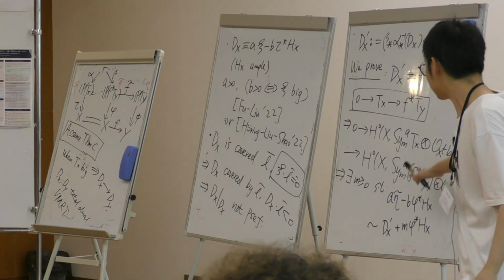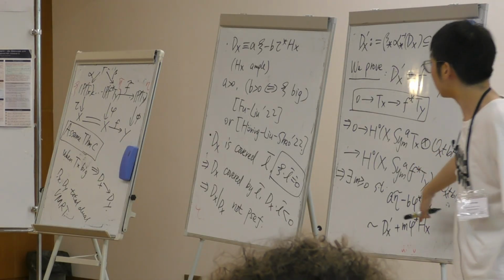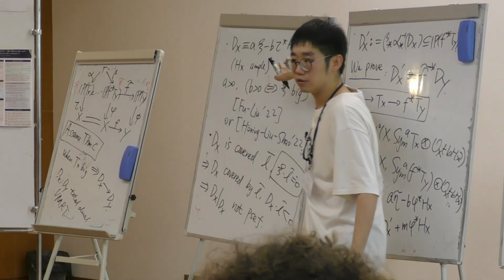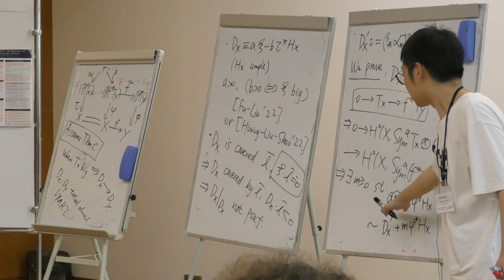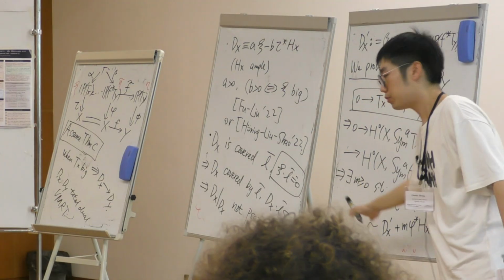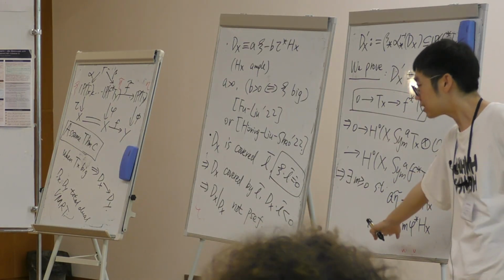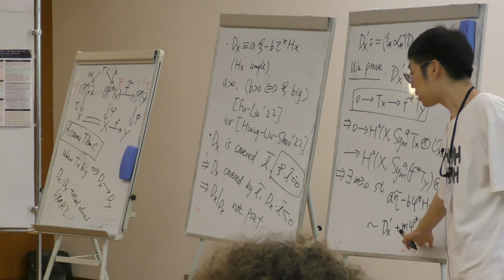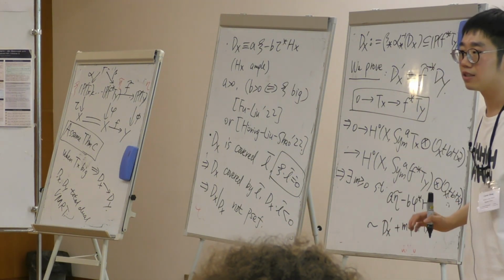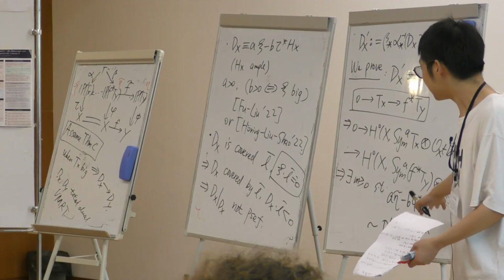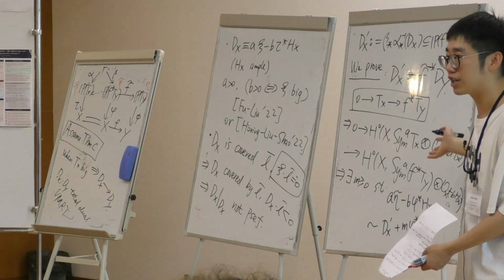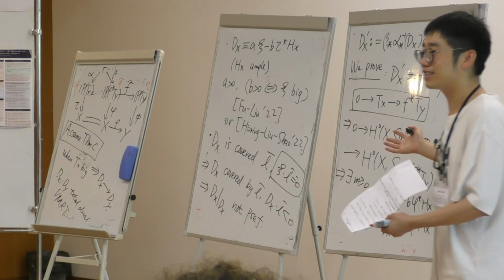So using this injection and also this property, you can deduce this. I will skip the details, but this is very easy to check using this injection. If you have any problems, we can discuss later.